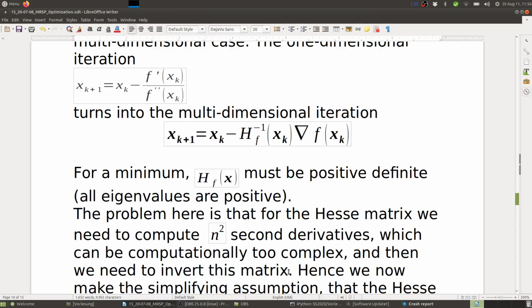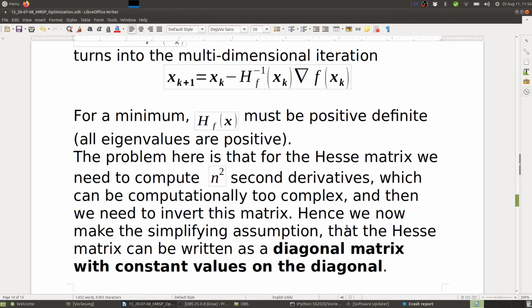So if n is large, say if we have a high number of subbands and many of those matrices, then this becomes prohibitive, especially if we need many iterations to come to a good solution.